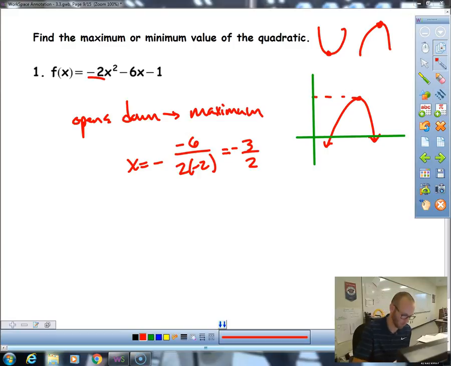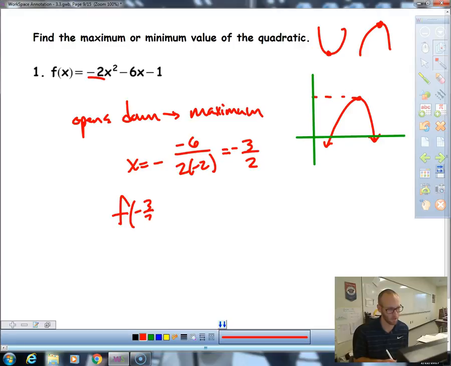So what we want to do is plug this in. f of negative 3 over 2 equals, you know what, I'm going to grab my calculator. Negative 2 times negative 3 halves squared minus 6 times negative 3 halves minus 1. 3.5.